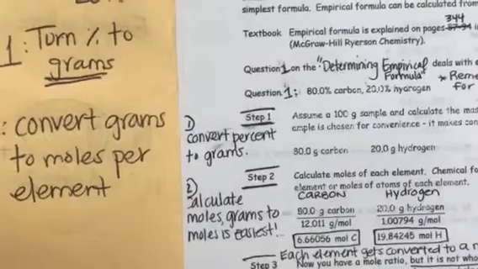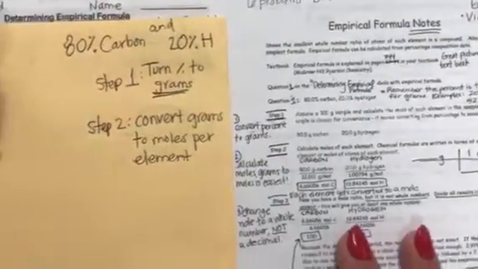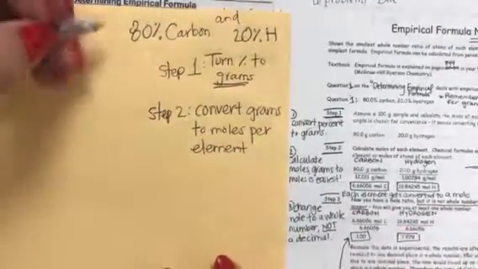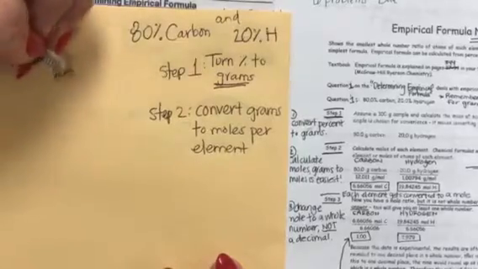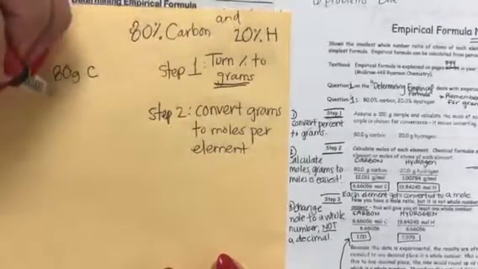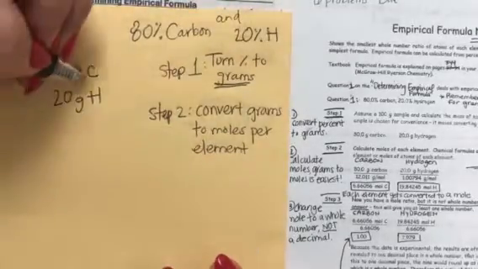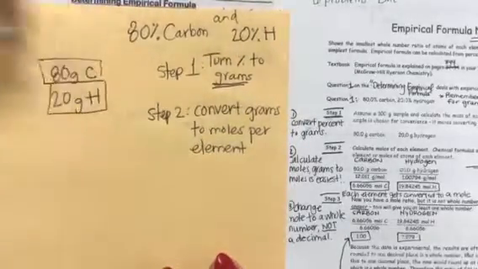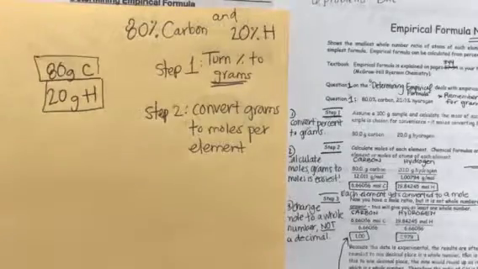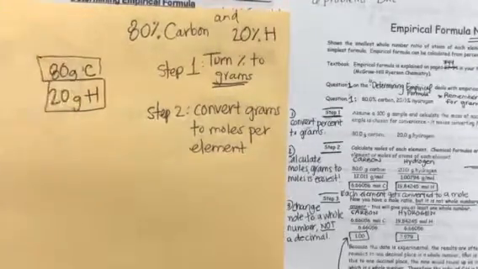According to step 1, I have 80 grams of carbon and I have 20 grams of hydrogen. Now I need to turn these grams into moles. So I should get a mole per element, a mole for carbon and a mole for hydrogen.